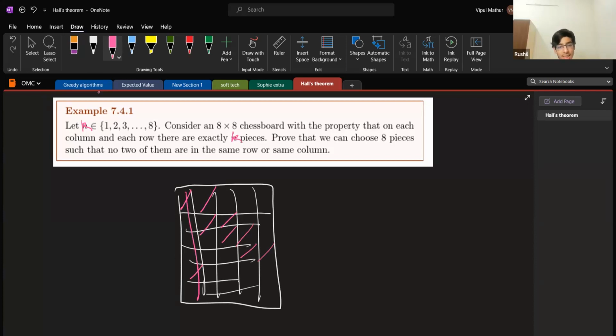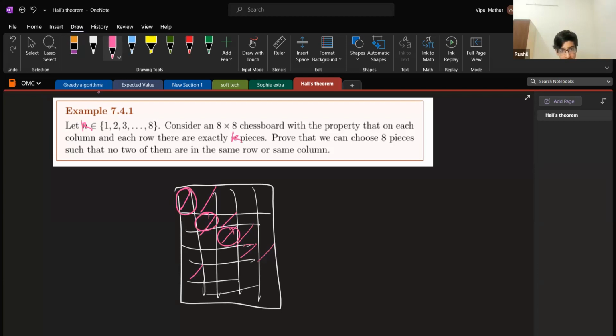And this column also has two. So this has two, this has two, this has two, and so on. Every row and every column should have two things that are colored, or k pieces have been placed. It's the same sort of thing. And you want to choose 8 pieces such that no two of them are in the same row or column.